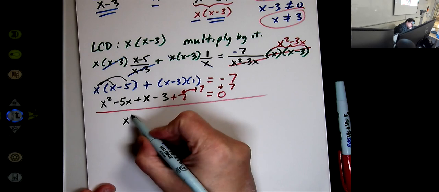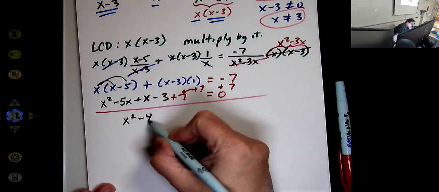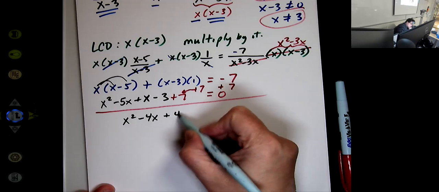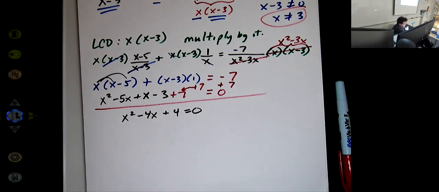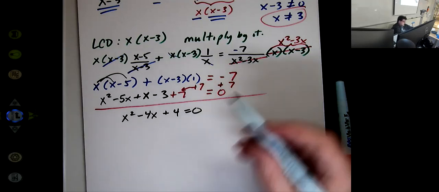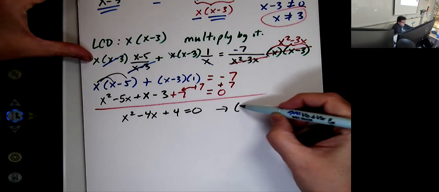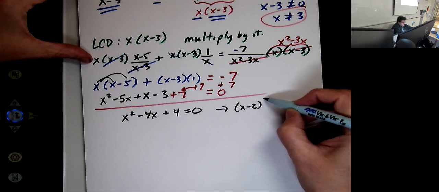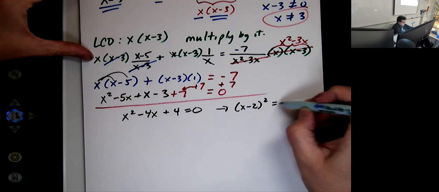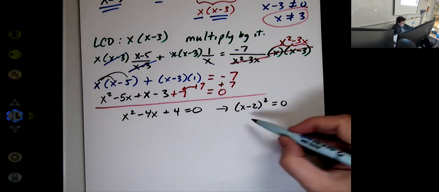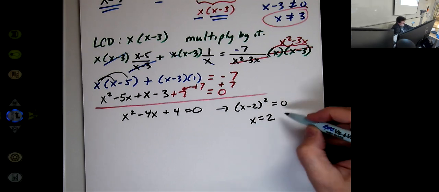If I clean this up, I have x squared minus 4x plus 4 equals 0. If you factor that, that is x minus 2 squared. So x equals 2 is the only solution.